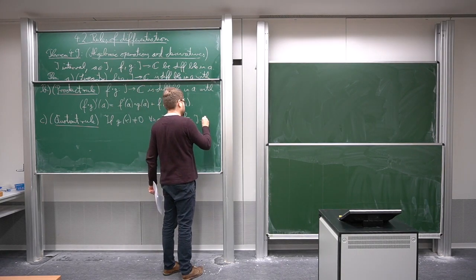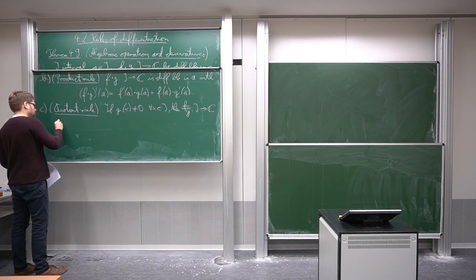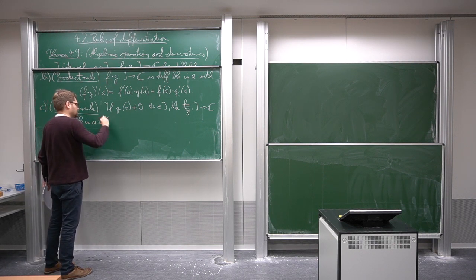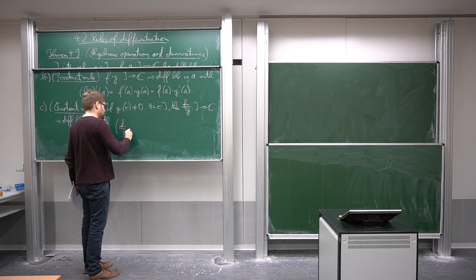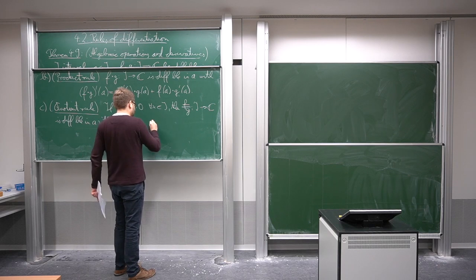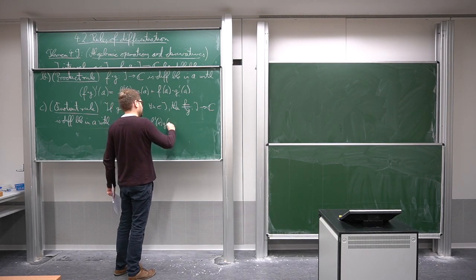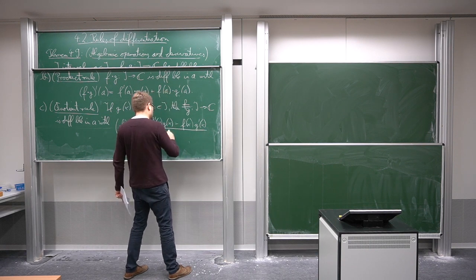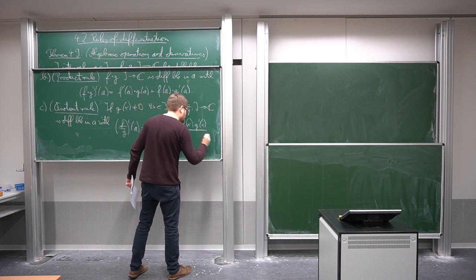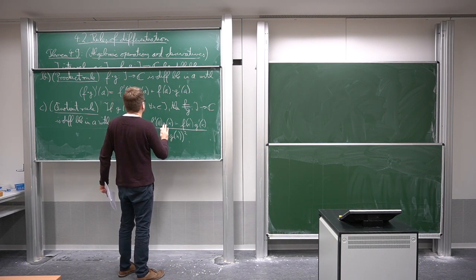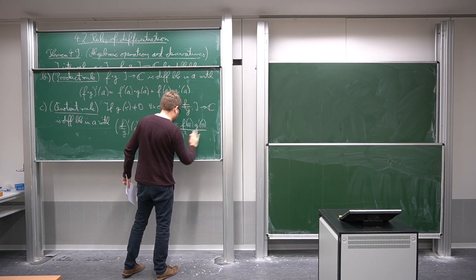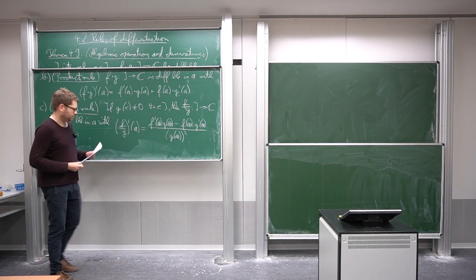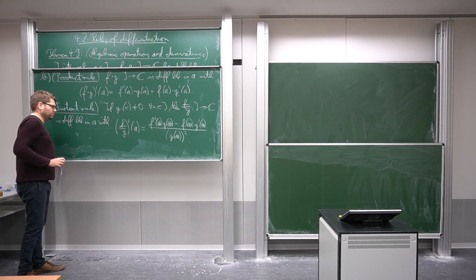This is now a map from I to C. This is again differentiable in A, and for the derivative there is also a formula: (f divided by g)' of A is given as follows, f' of A times g of A minus f of A times g' of A, and the whole thing divided by g of A squared. Sorry, A, not x. Okay, let's prove them.